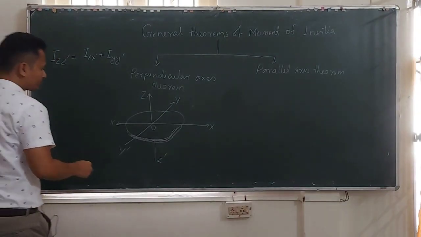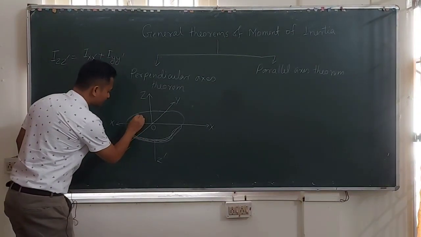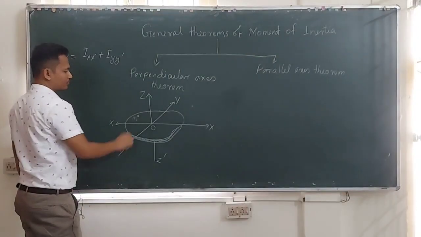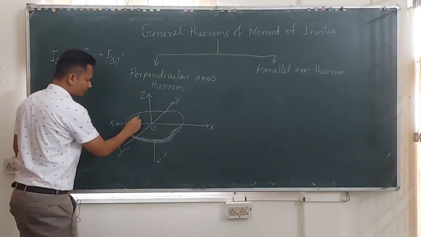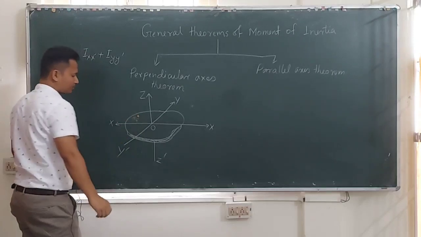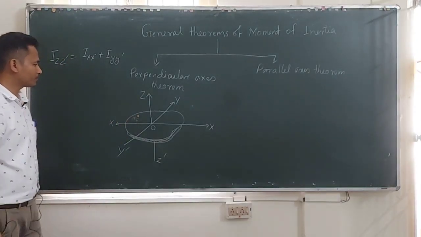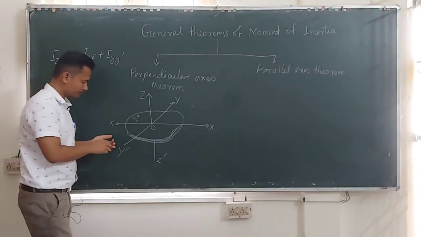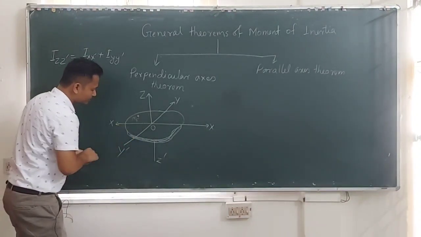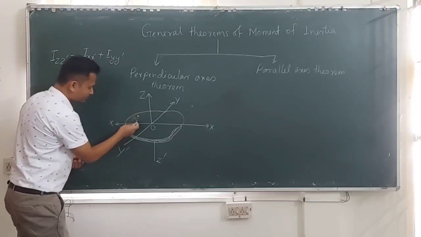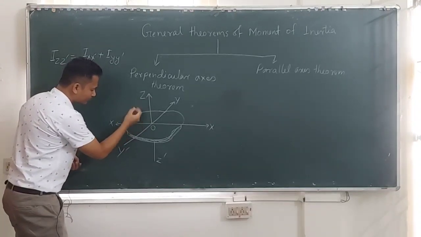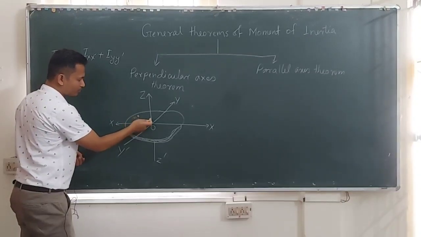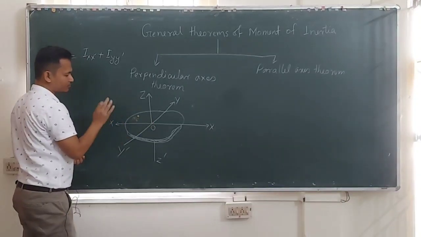Let us assume a single particle, a point mass, whose mass is m sub i. Suppose its distance from the x axis is y and its distance from the y axis is x.